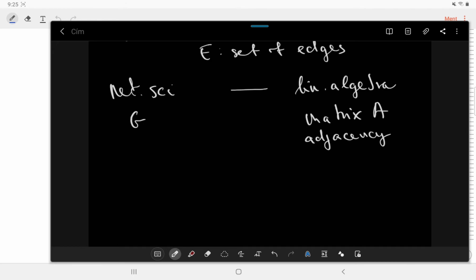And apparently there are lots of concepts in graph theory or network science which have a natural way to be expressed in linear algebra, and vice versa. But maybe not all.